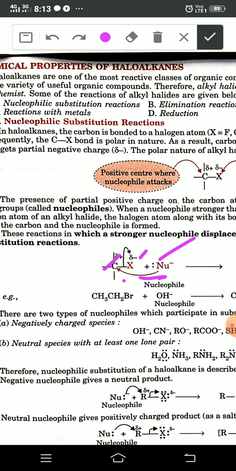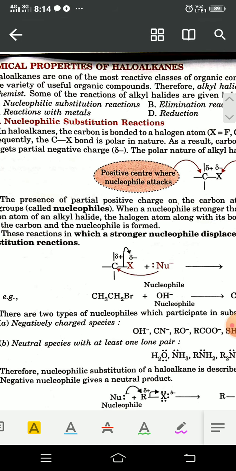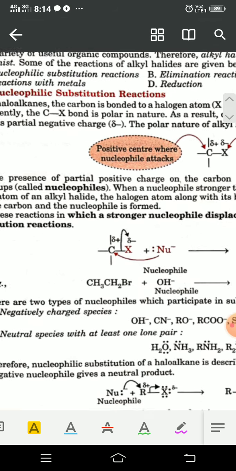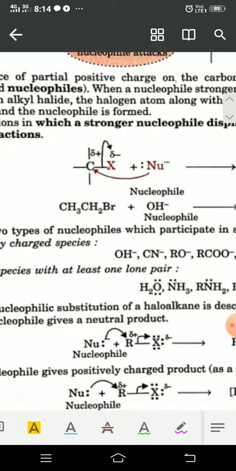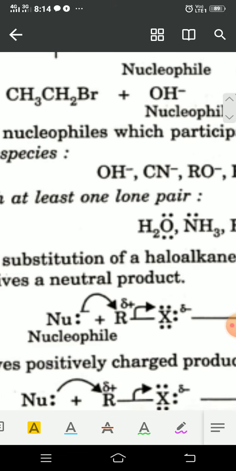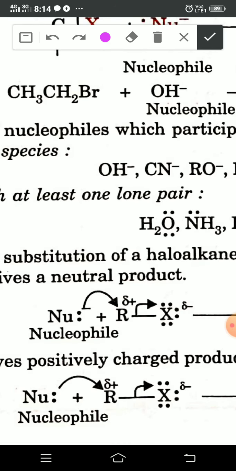These all are examples of nucleophilic substitution reaction. In each and every case, Nu means nucleophile.